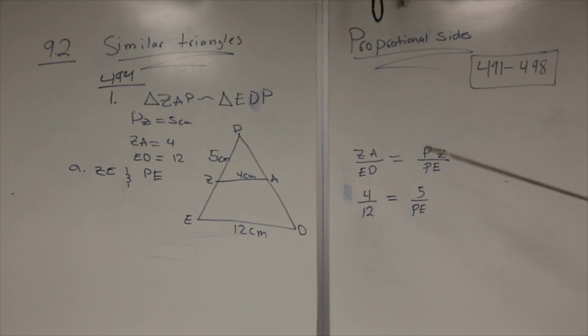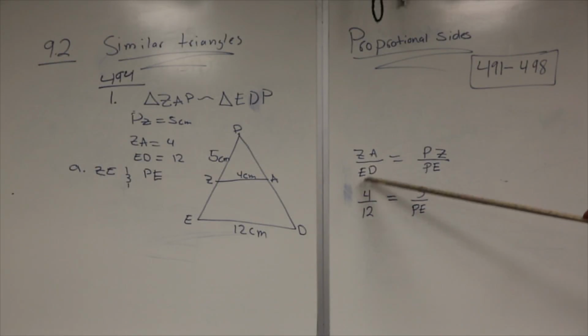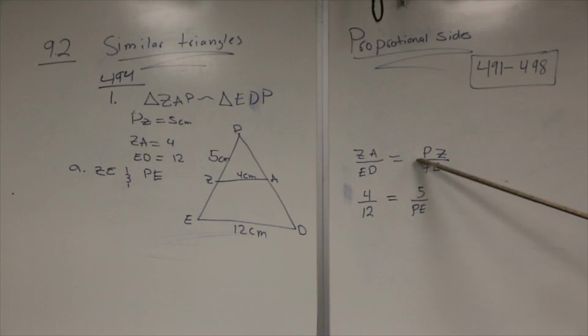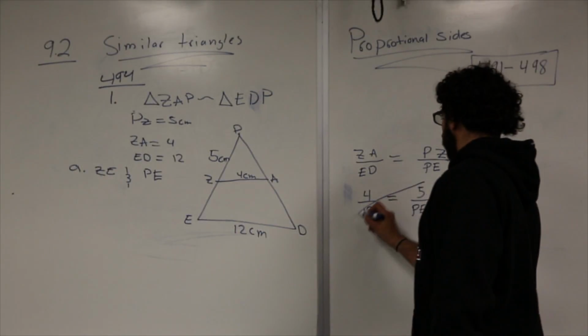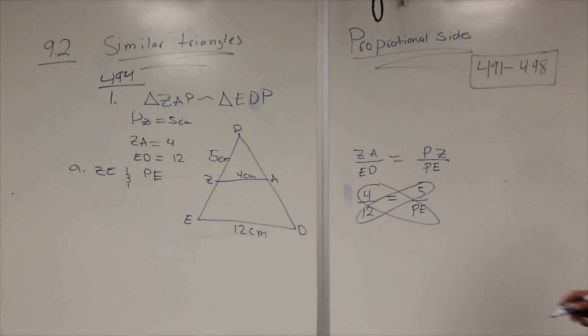Now, I just replaced the letters with the numerical value that they're equal to. That was 4, that was 12. So I replaced them. PZ was 5, and PE is right there. Now I'm going to cross multiply. Okay?